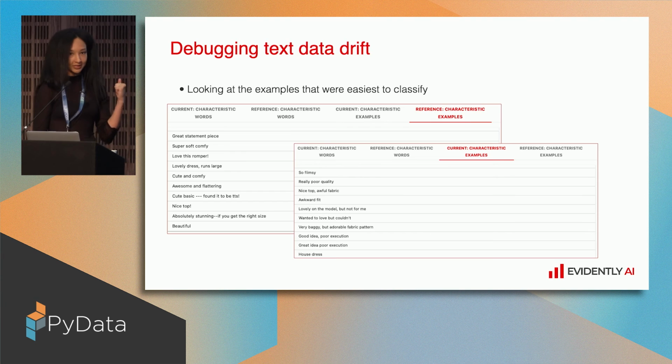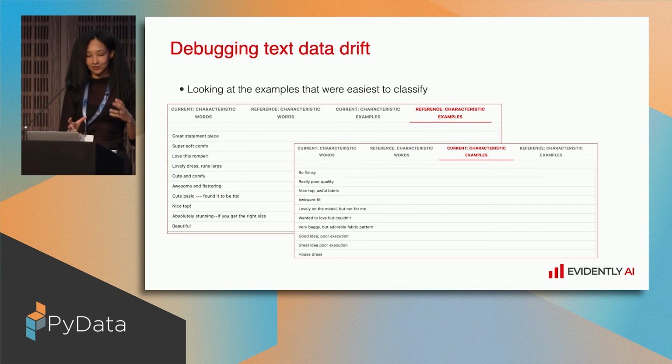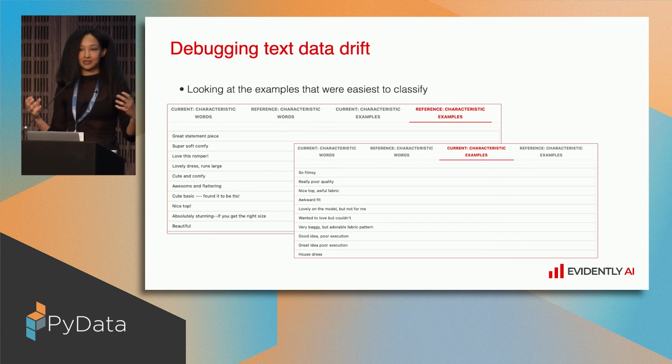Like in this example, the sentiment has changed, and we can see that the characteristic words were: love this romper, nice top, beautiful, and now it's so filmy, really poor quality. So the difference is the sentiment, right? And this is what you can achieve for free if you build a binary classification model on top of bag of words. So this can be also a pretty nice way to compare your new model to your previous baseline. At least it will help you to generate some hypotheses of what has changed.